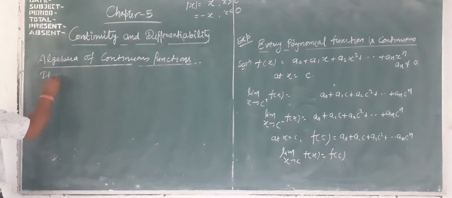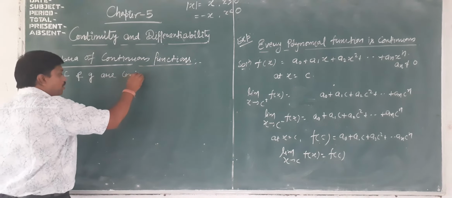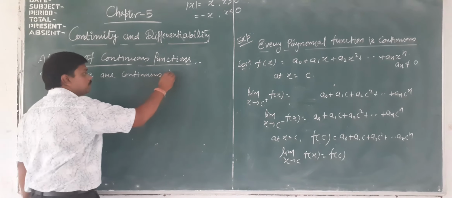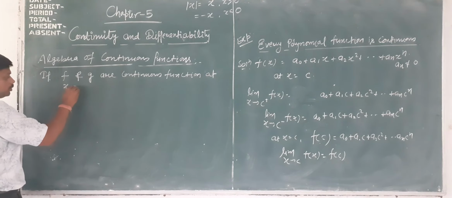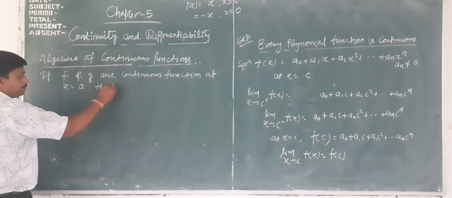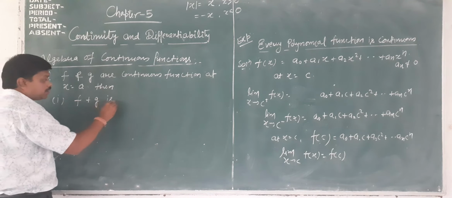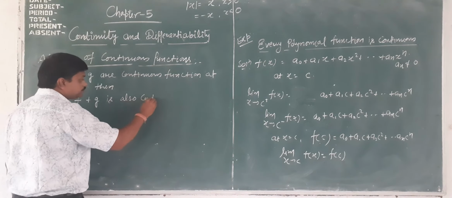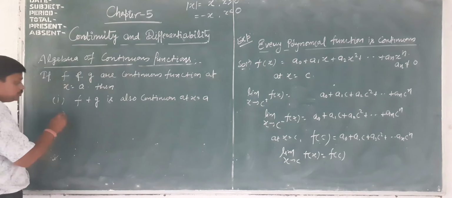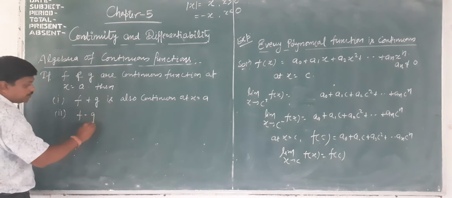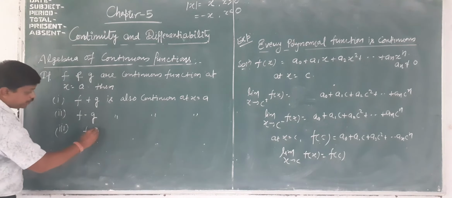If f and g are continuous functions at x equal to a, then number 1, f plus g is also continuous at x equal to a. Second, f minus g. Third, f into g.